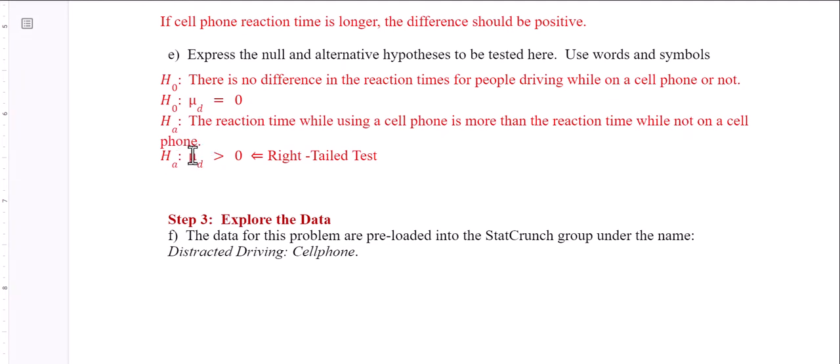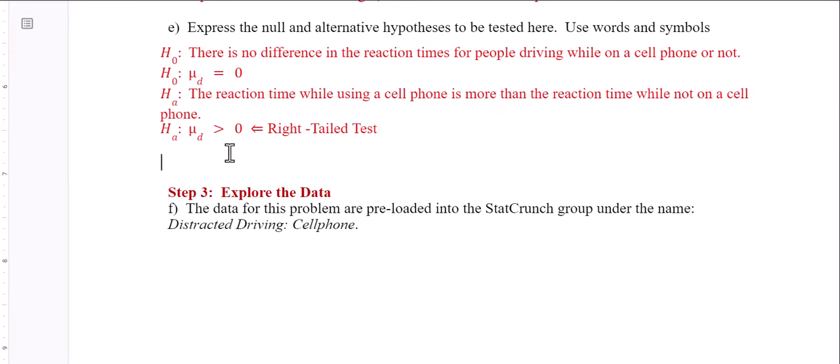And the claim is that when you're talking on a cell phone, that delays your reaction time, meaning your reaction time will be longer. So we can say the mean of the differences will be greater than 0, positive. Remember, the alternative hypothesis tells you what kind of test you have, so this is a right-tailed test.